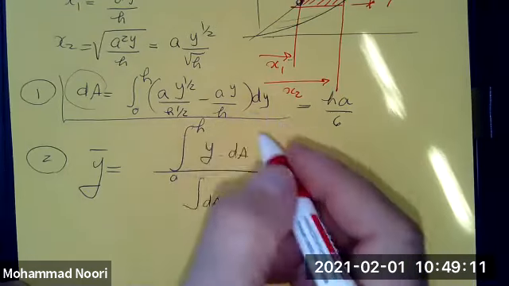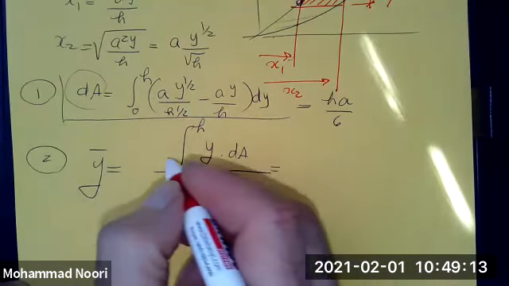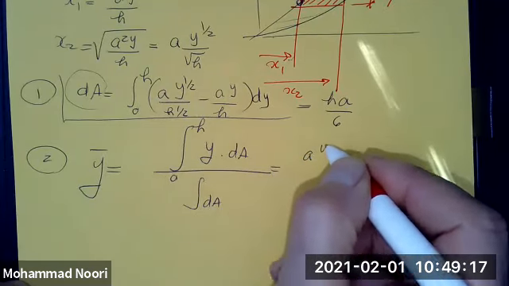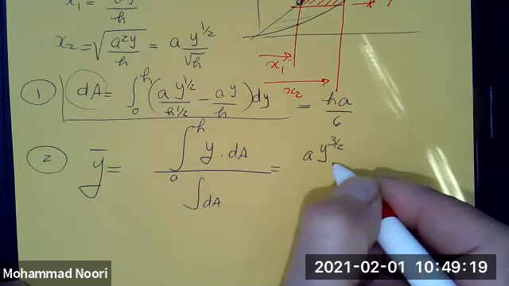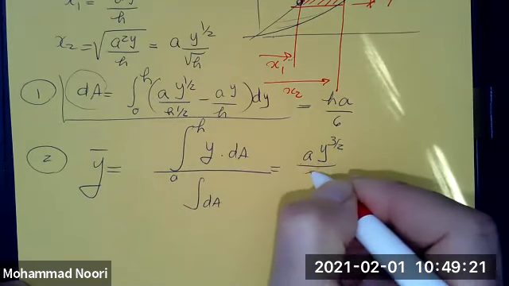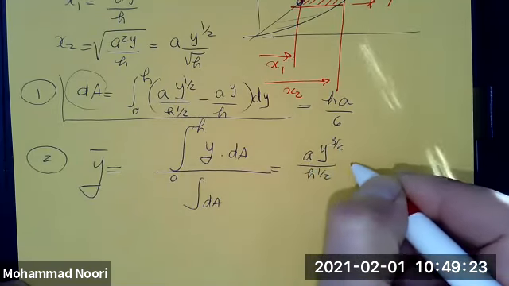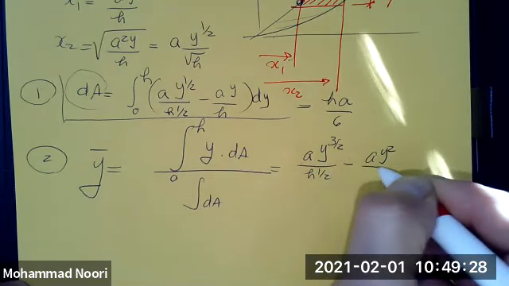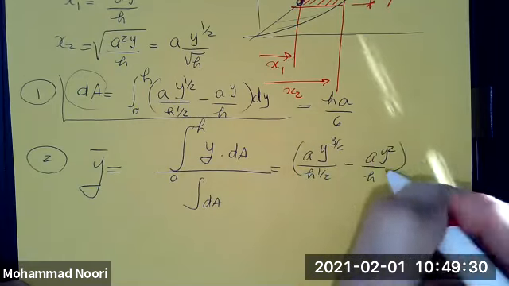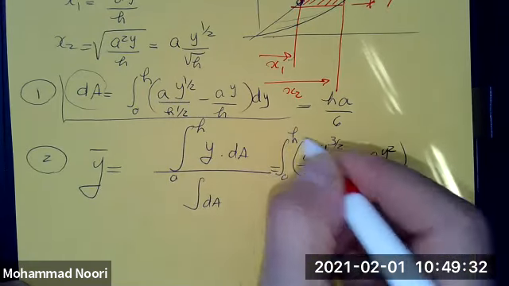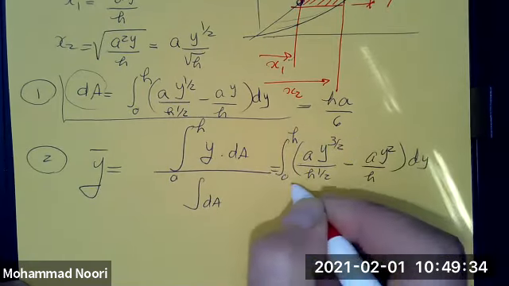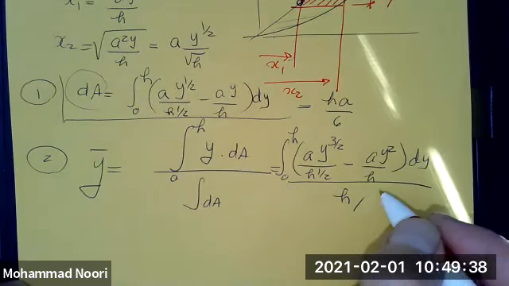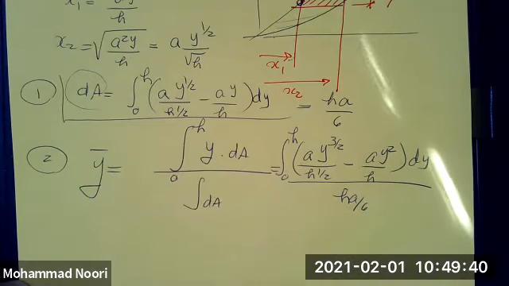Y times this, because I need a function of y here. So I have a y to the 3/2 over h to the 1/2, minus a y squared over h, integrated from 0 to h, dy, divided by h a over 6.